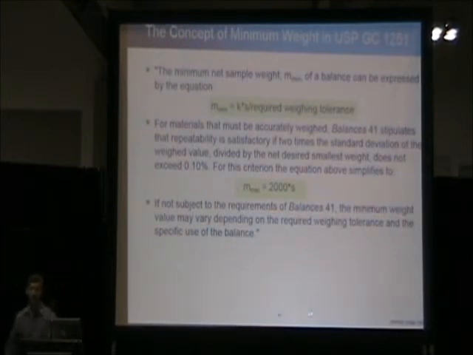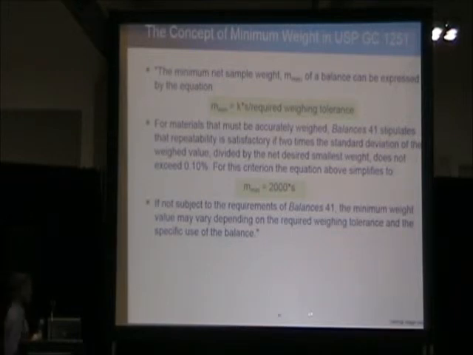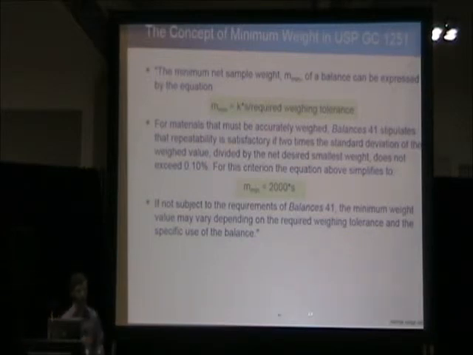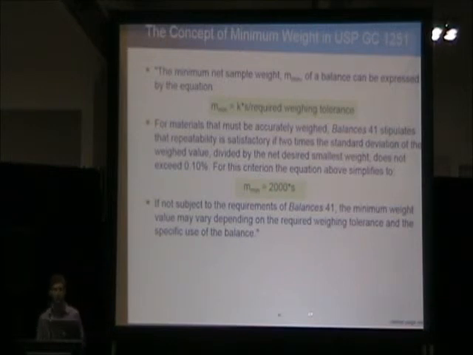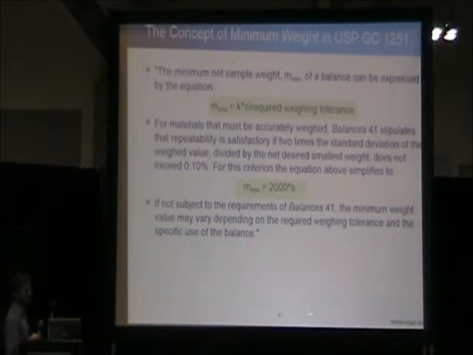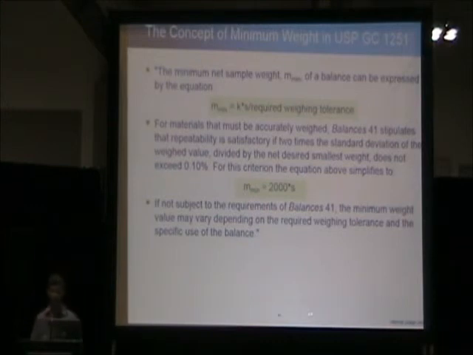So, the concept of minimum weight, this is coming from Chapter 1251, which is a new chapter in USP general chapters for weighing. The minimum weight of your sample can be expressed by M min equals K times S divided by the required weighing tolerance. Very simply put, for a process tolerance of 0.10%, which is for USP environments, your minimum weight equals 2,000 times S, where S is the actual standard deviation of your measurement of uncertainty, or in this example, for repeatability.